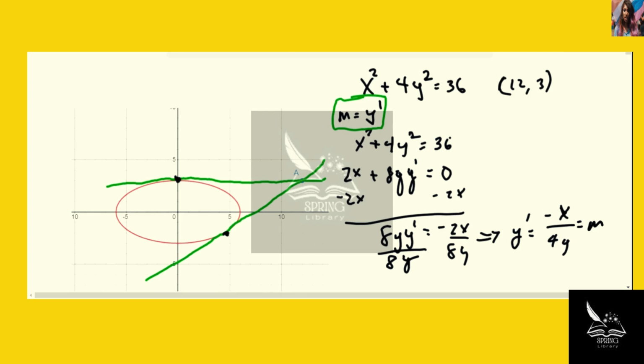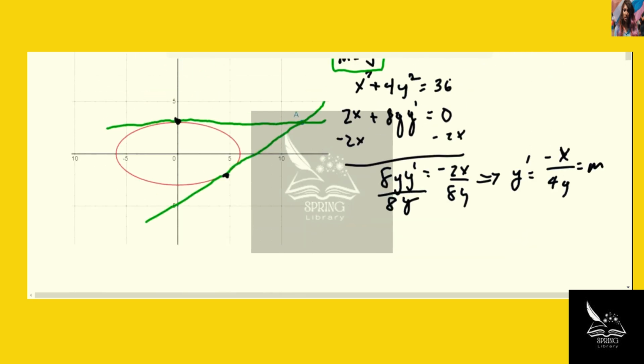Now, I also know that I can find the slope using just the regular slope formula, y2 minus y1 over x2 minus x1. And I know my point here is (12, 3). And I know that some point on the ellipse would be x1, y1, or x2, y2. And so we'll just call this x1, comma, y1.